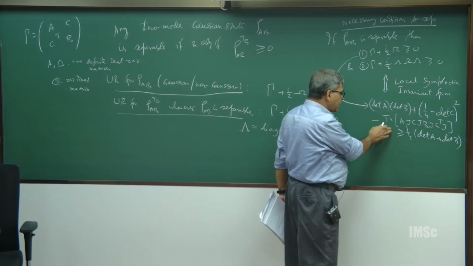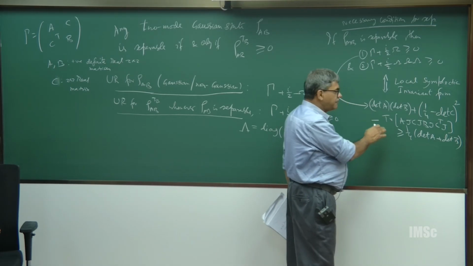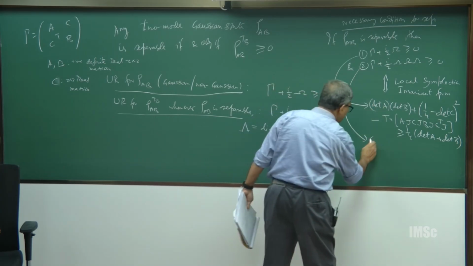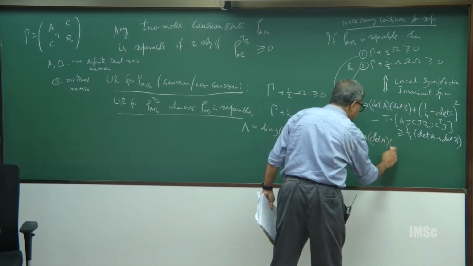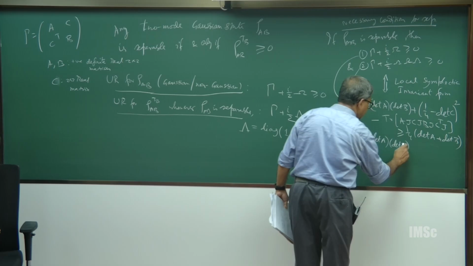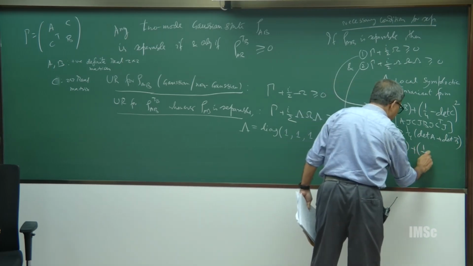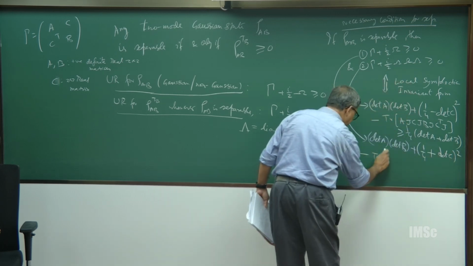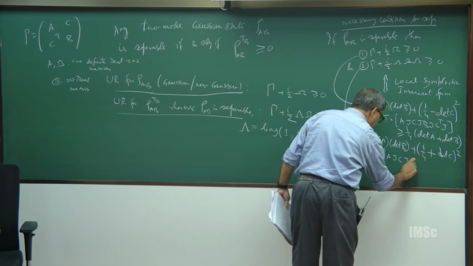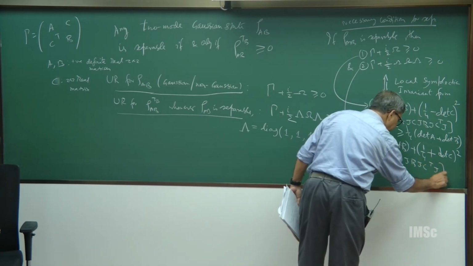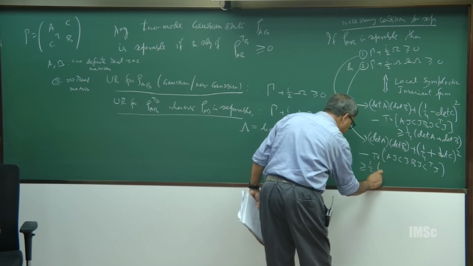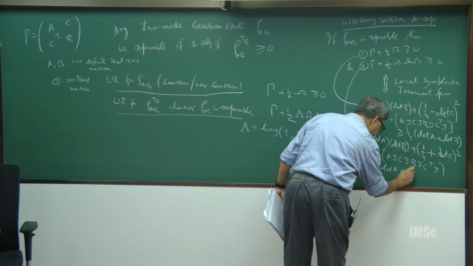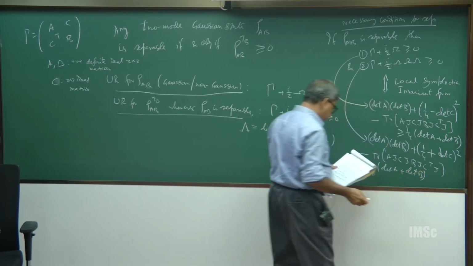I think I gave some argument why this is the case, and this one will correspond to determinant of A, determinant of B times, then plus 1 by 4 plus determinant of C square minus trace of A J, C J, B J, C transpose J greater than or equal to 1 by 4 determinant of A plus determinant of B, right.